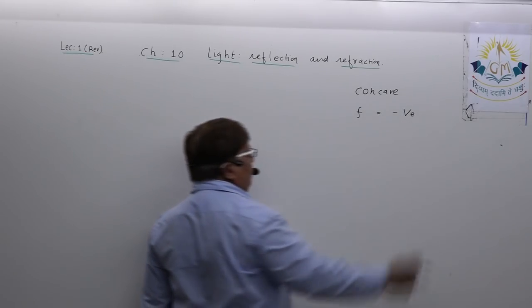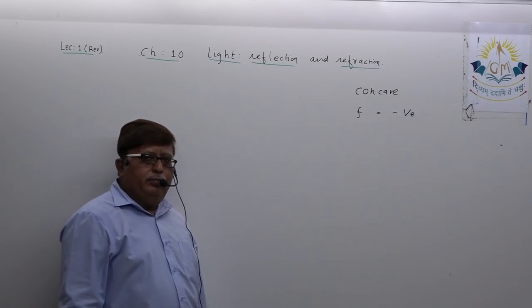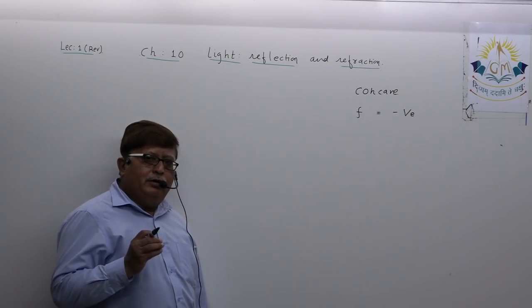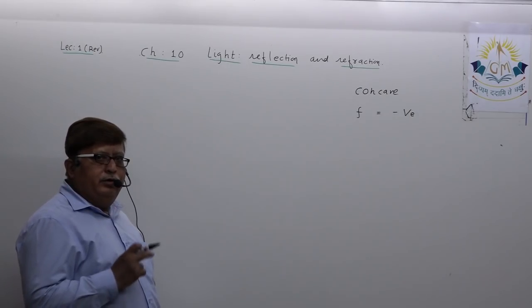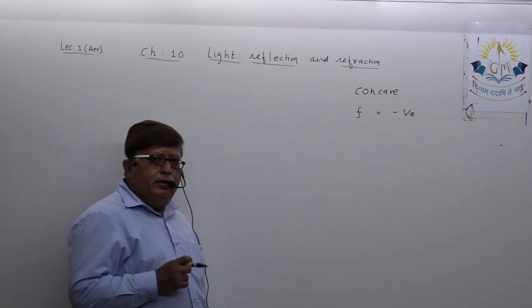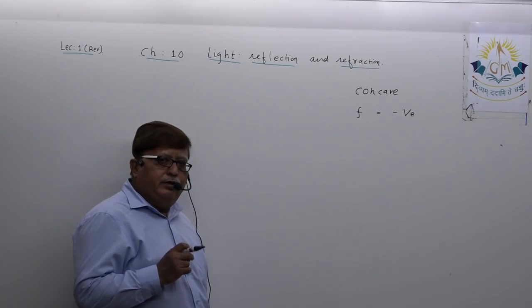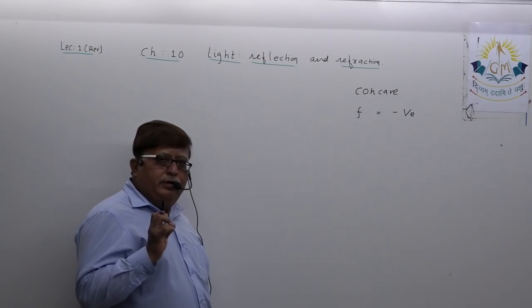These are some of the points you need to keep in mind whenever you solve any example regarding concave mirror. Focal length has to be compulsorily taken negative for concave mirror.